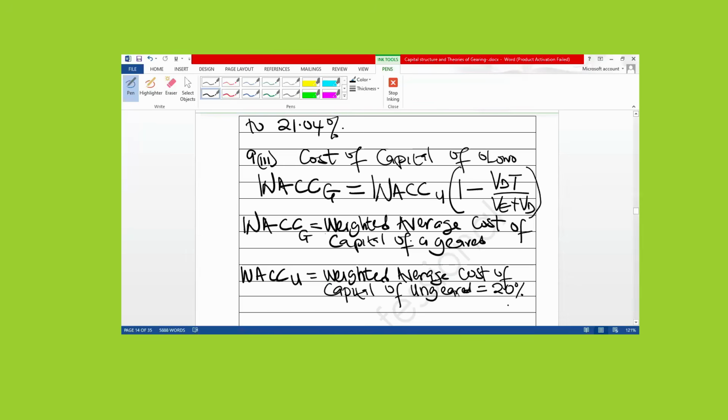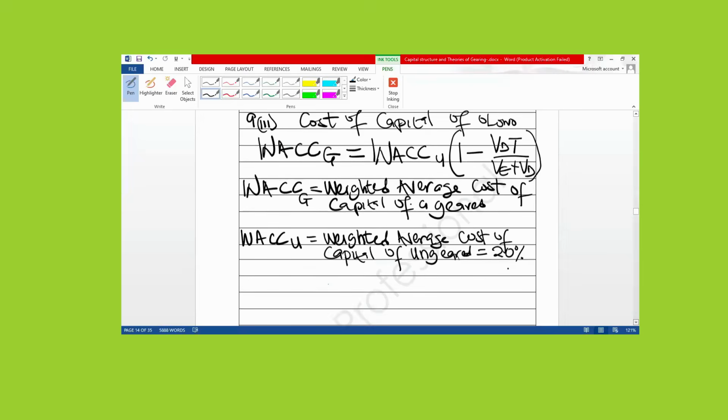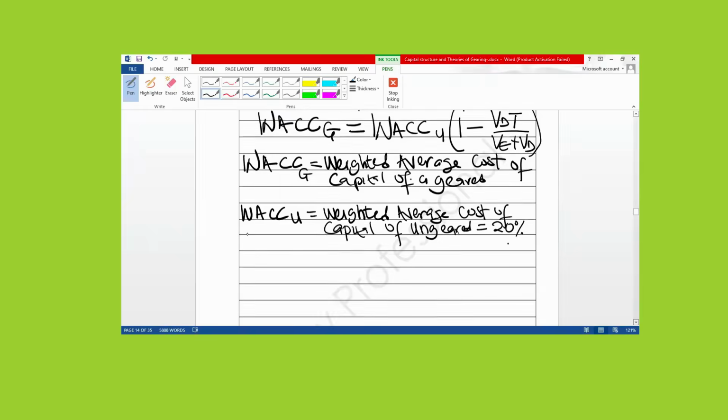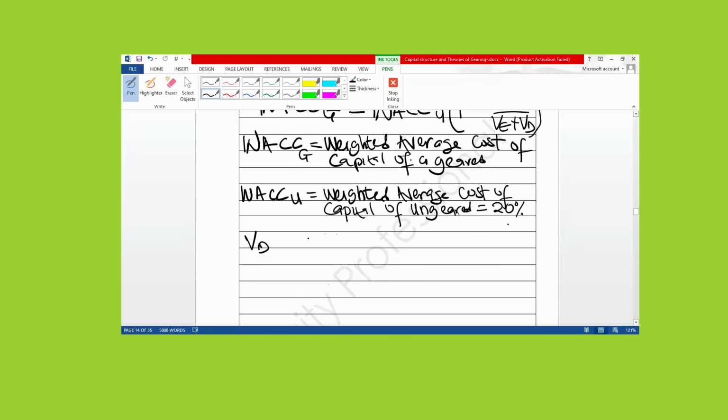Next, VD, value of debt, 10 million. VE, value of equity, 57.5 million.